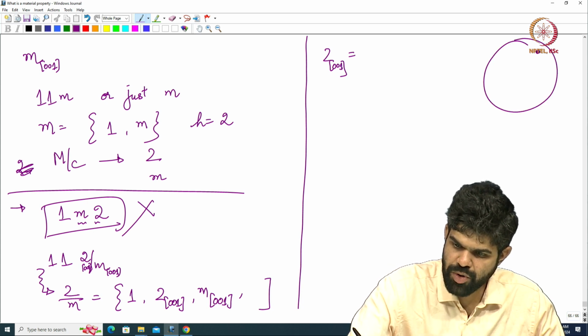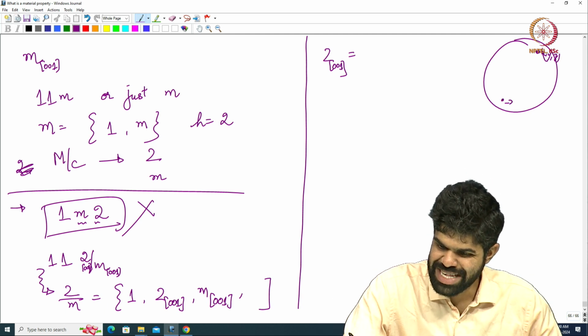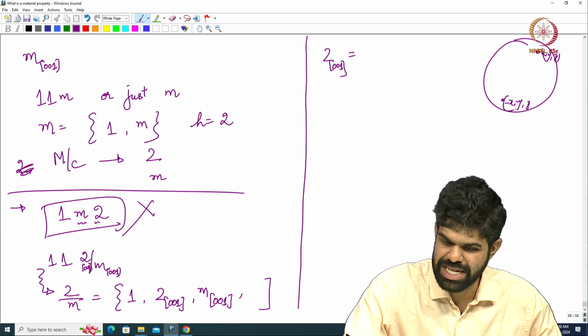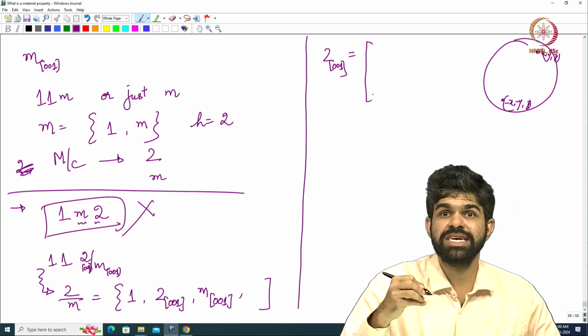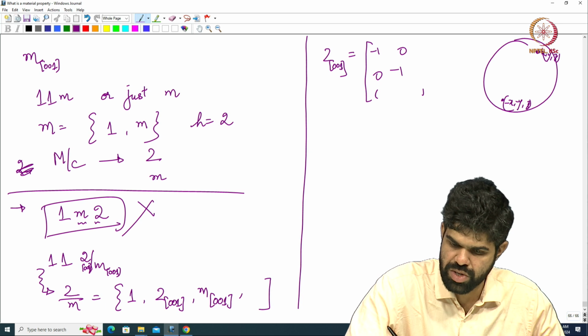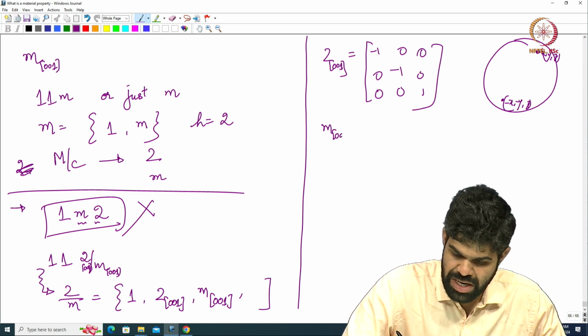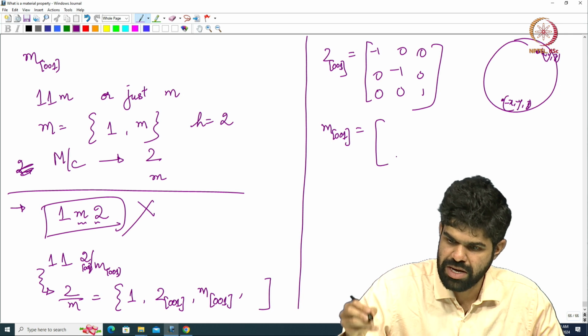It takes my point x y z to minus x minus y, but the z remains, right. So the matrix of transformation is minus 1, minus 1, 1, whereas a mirror about 0 0 1 does exactly the opposite thing.